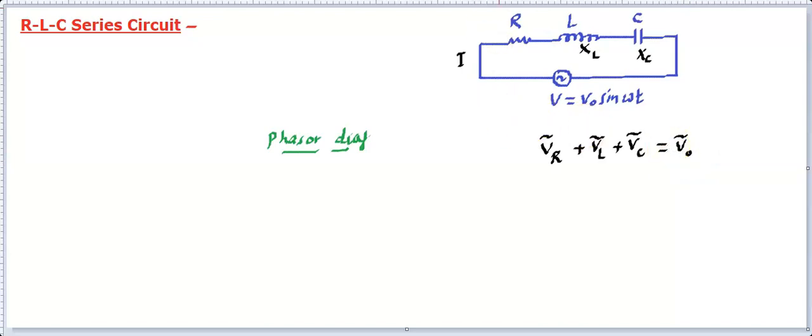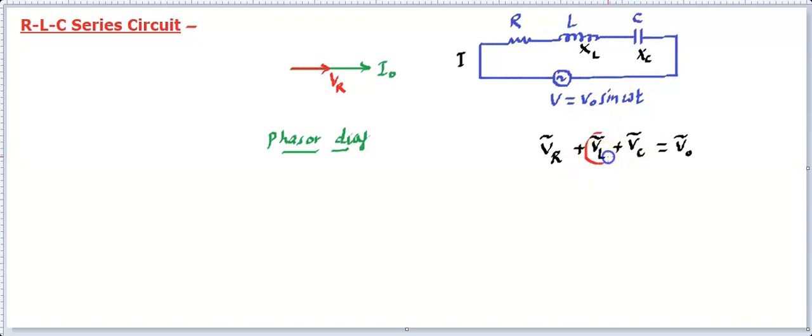Which quantity is common in all the three? The same current flows through, so let's take that as a base. So this is the base, I naught, and I'm calling it I naught because we are saying that these are the peak values. Then the potential across the resistance is going to be in the same phase with the current that flows through, so it's going to have a VR like this.